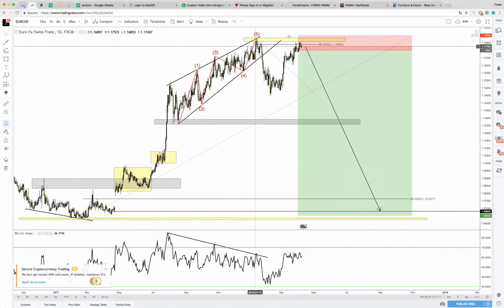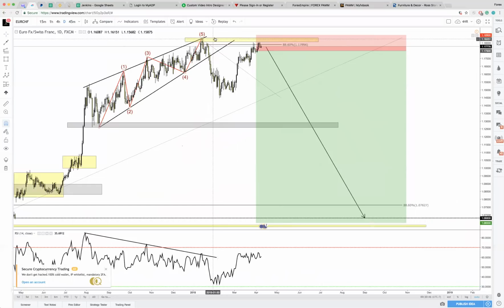At the same time, if you notice that it's not breaking the high, so most likely it will go here, 88.6, and bounce off of that, but that will create a nice ABCD pattern that we're all expecting. So that's going to be right there.